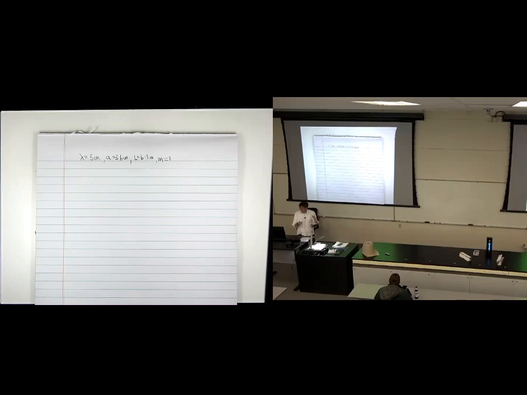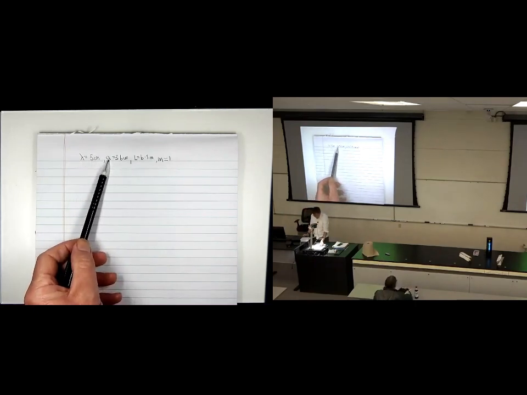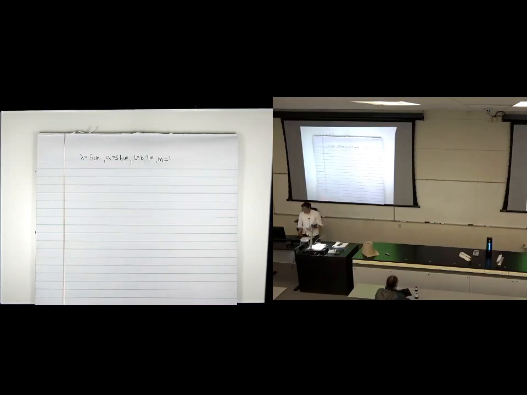We were told the distance to the screen, that was 6.5 meters. And we were told to think about the first dark fringe, which we label with the integer m equals 1. So that's all the information we're given. And I just wrote it down here. So lambda 5 centimeters, A slit width 36 centimeters, L screen distance 6.5 meters.